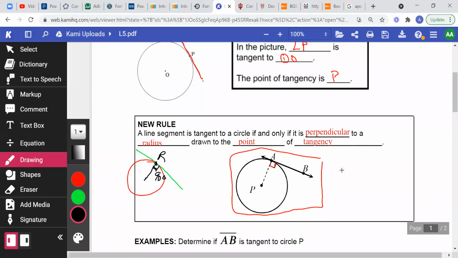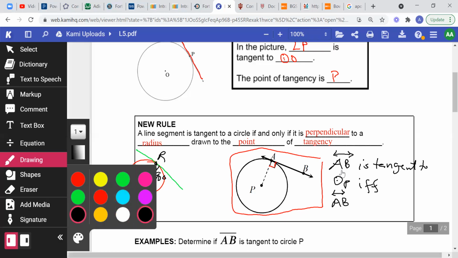So here we're going to say AB, since it's a line, is tangent to the circle here, circle P, because the center is P. The condition is biconditional: if and only if the line AB is perpendicular.